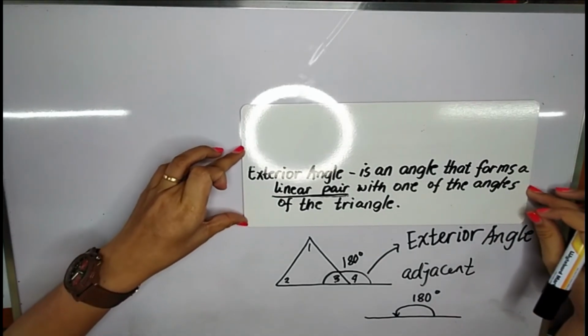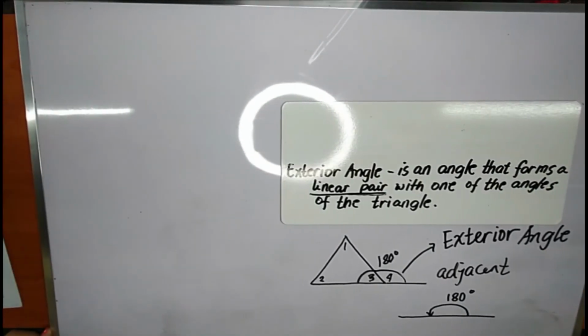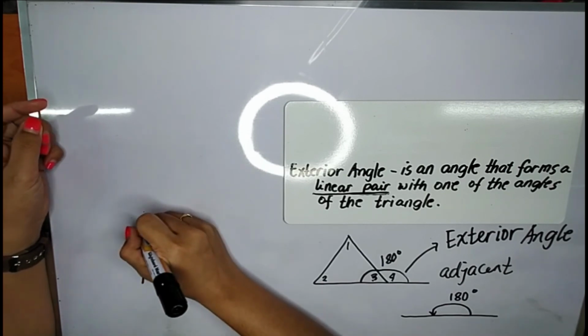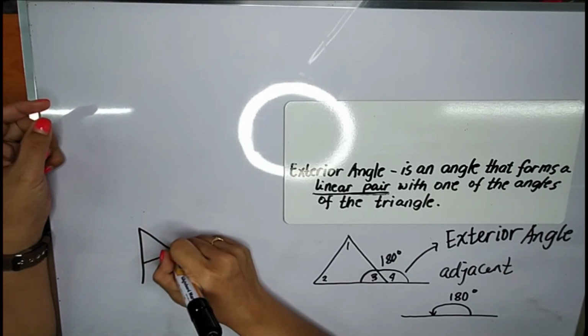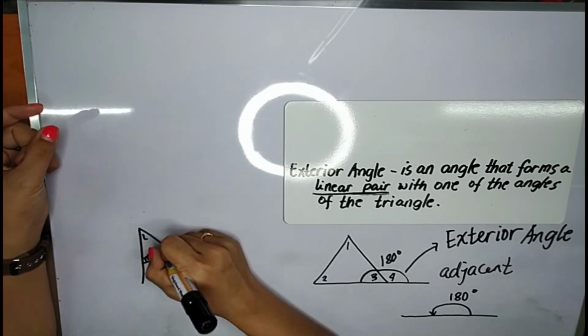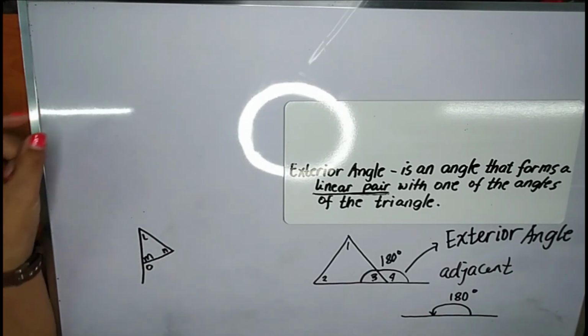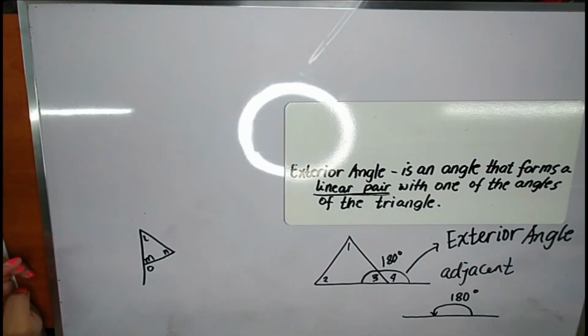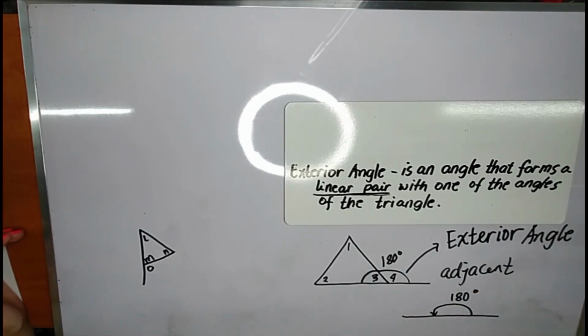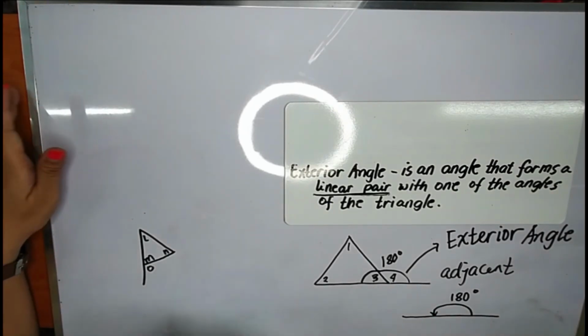Okay, let's have another example. In this figure, what do you think is the exterior angle? Is it angle L, angle M, angle N, or angle O? According to the definition, an exterior angle forms a linear pair with one of the angles inside the triangle.